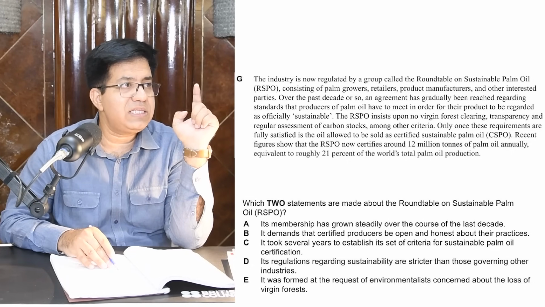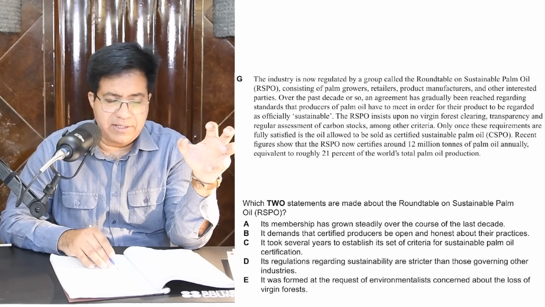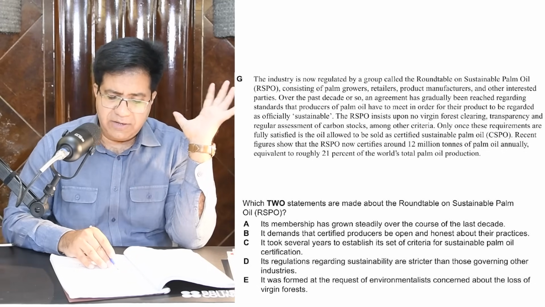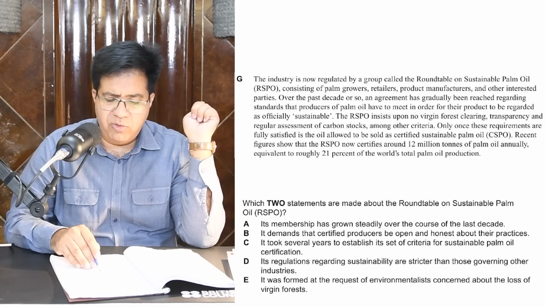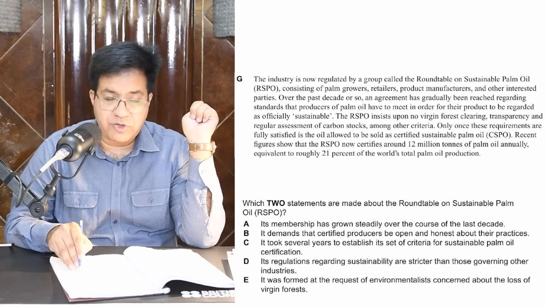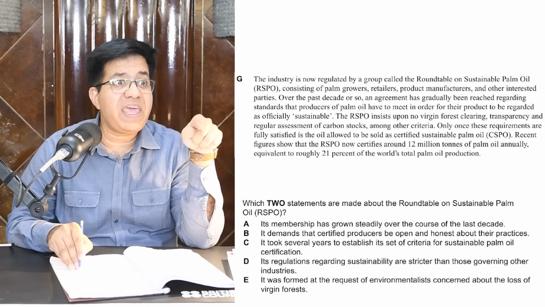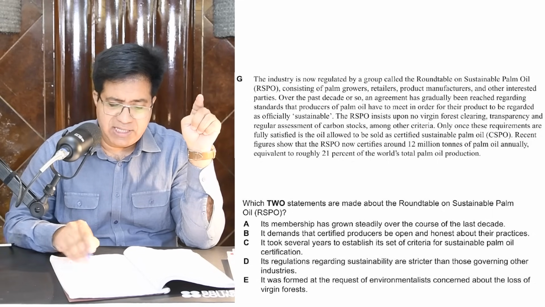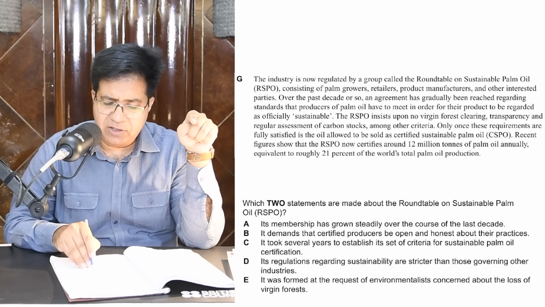Now, one thing is they have reached a kind of standard. Okay, they've agreed on a standard, they've reached an agreement, one thing. Second, RSPO insists upon no virgin forest cutting, transparency. Transparency means everything should be fair. There should not be any hanky-panky. Okay? Transparency and regular assessment of carbon stocks among other criteria.